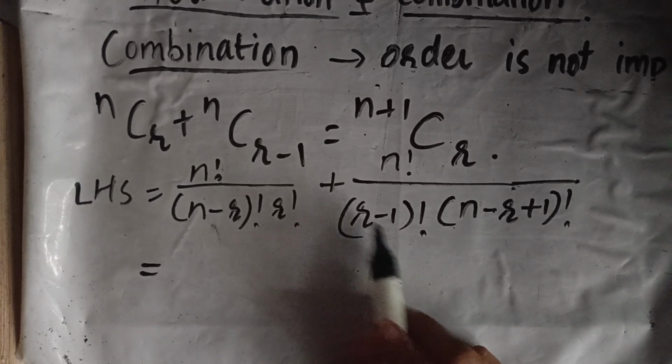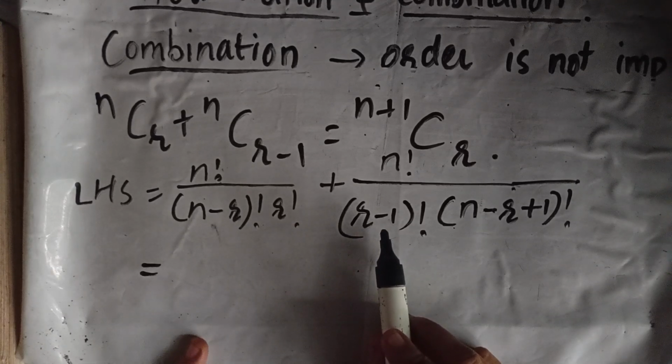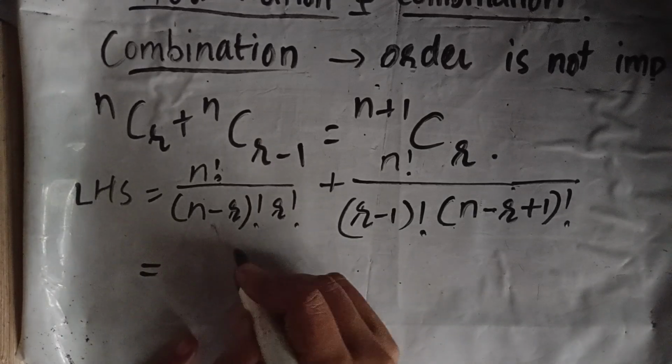So we can take this out, correct? Also we can take out n factorial.